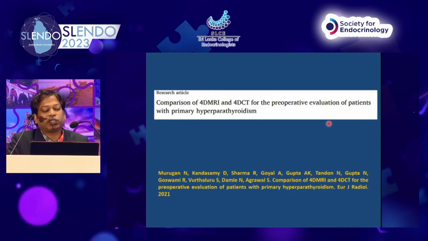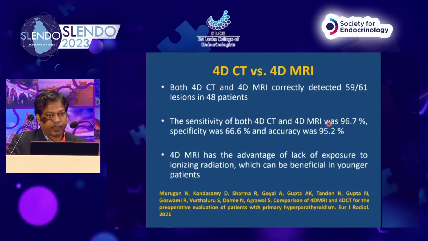Here is one study from AIIMS New Delhi in India comparing 4D CT versus 4D MRI in the localization of hyperparathyroidism. In that study, in 48 patients, both 4D CT and 4D MRI detected 59 lesions out of 61. This is basically the lesion-based analysis.